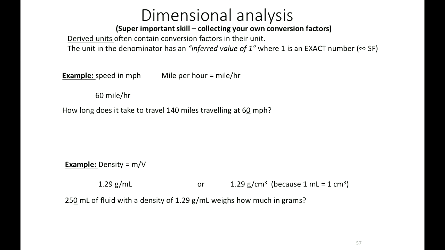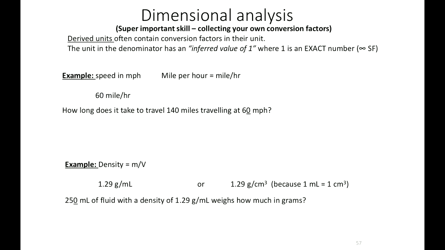And this is a really important skill to have, okay? So if you have a unit that has a fraction in it, like something per something, mile per hour, gram per milliliter, mole per liter, those are equalities as well that we can use as conversion factors.